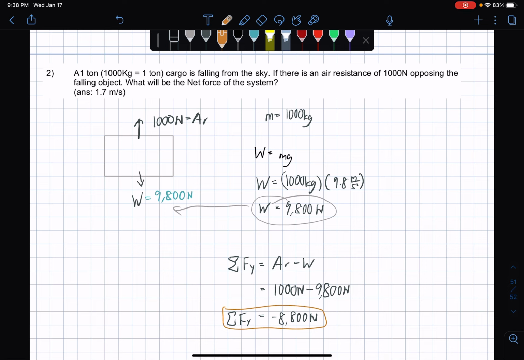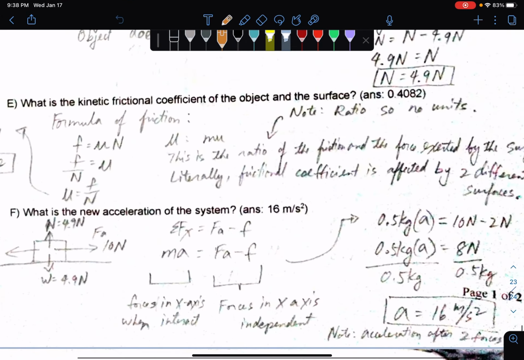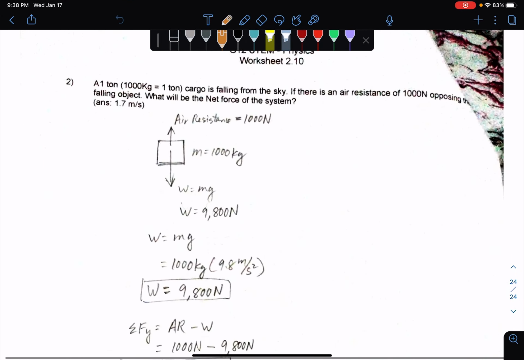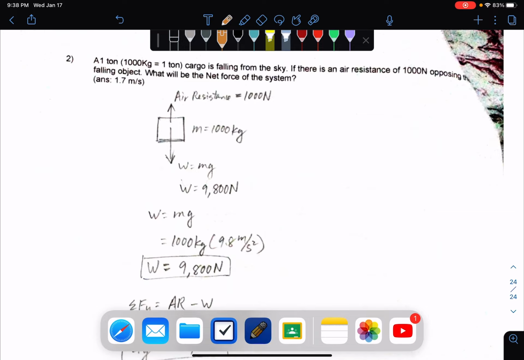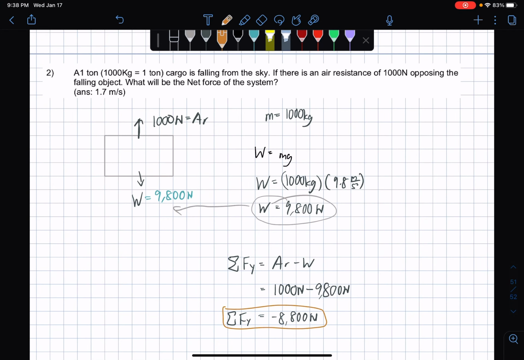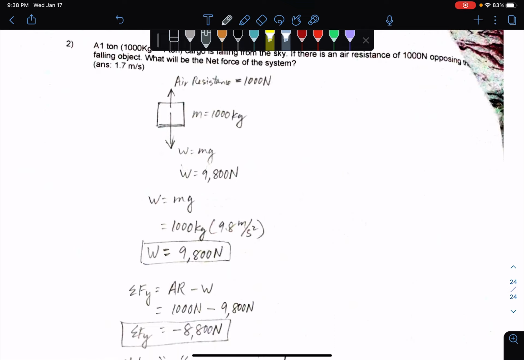Okay, something's wrong. Yeah, we did find the summation of Fy. We also know the weight. I should write the mass beside the box just to be as close to the professor's solution.